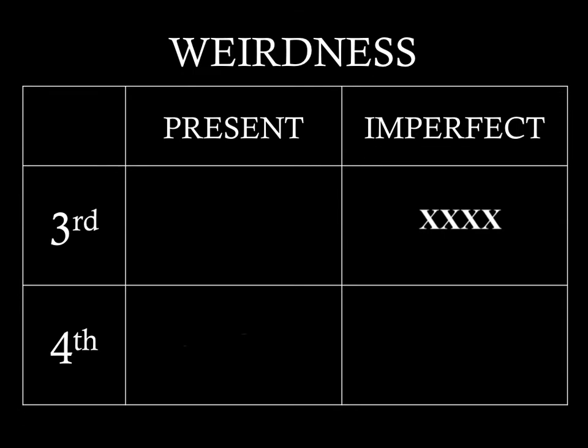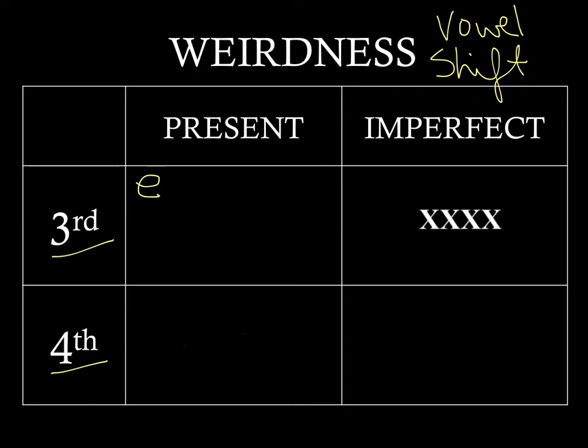So the weirdness we're going to talk about is in the third and the fourth conjugations. And when I say weirdness, again, it's a vowel shift that happens because the vowels in these 2 conjugations are a little weaker and a little more malleable. So for the third conjugation in the present tense, even though the stem ends in an E, the endings are actually going to be o, is, it, imus, itis, unt.